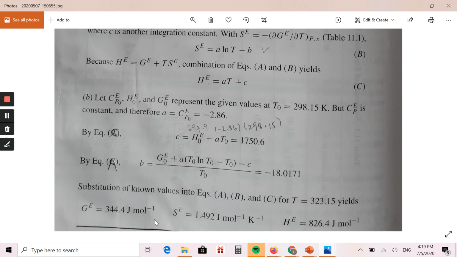Again, you have to remember, what we want is the same thing over and over again. We want to get our H, S, G, similarly to previously in solution thermodynamics, in terms of pure substance. So those are the things that we have been calculating.